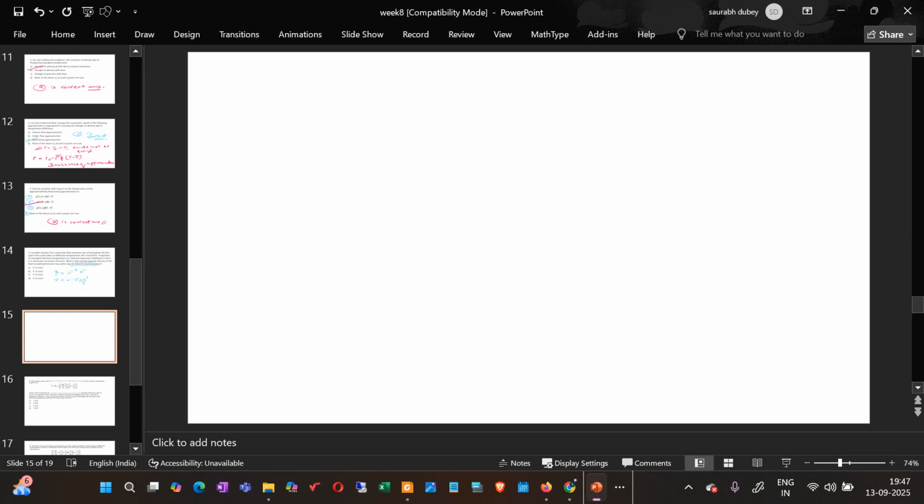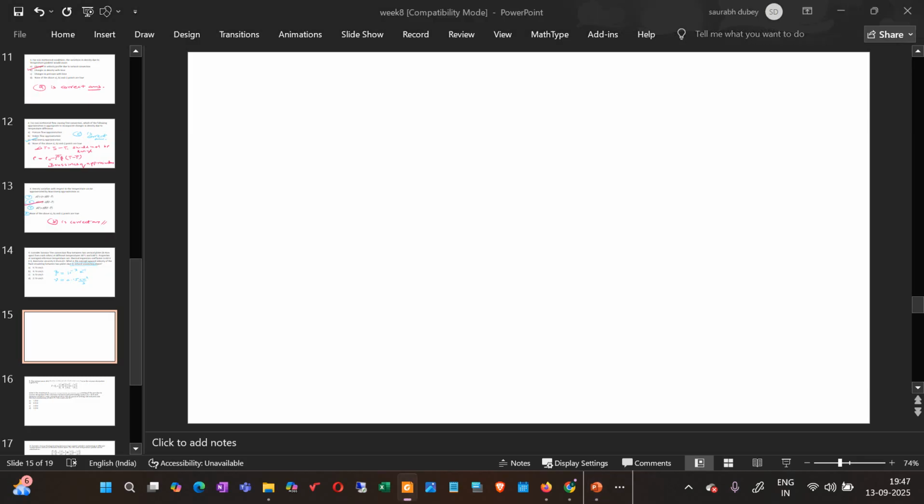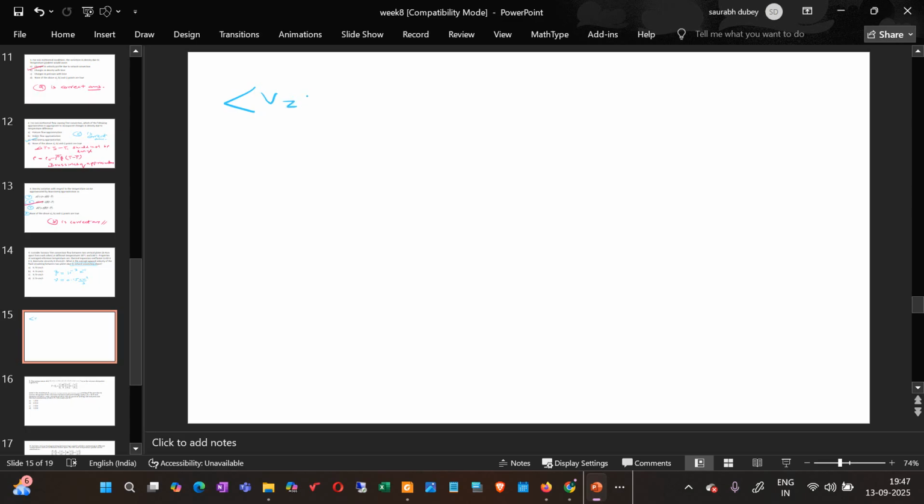So the question number 4, if you look at, then what you will be getting is the equation we have already wrote somewhere, but let me just again do it for you. So average velocity in the z direction. So you are having this.